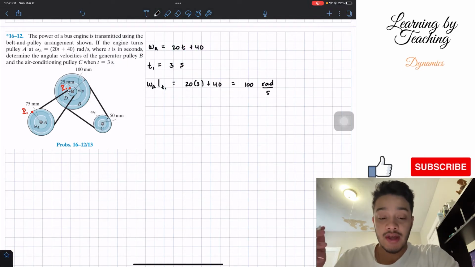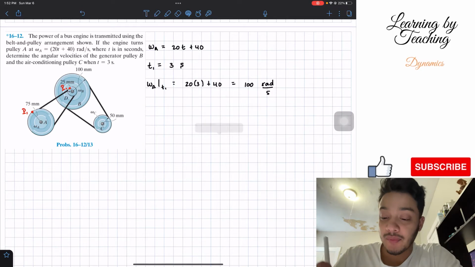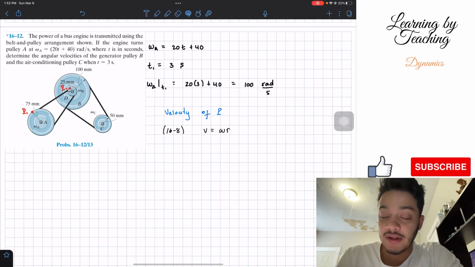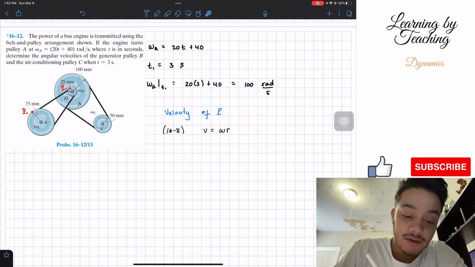Why is this important? Because if we know the angular velocity and we know the radius, then we can find the velocity of a point, and that's our case. The velocity of a point is the angular velocity times the radius.